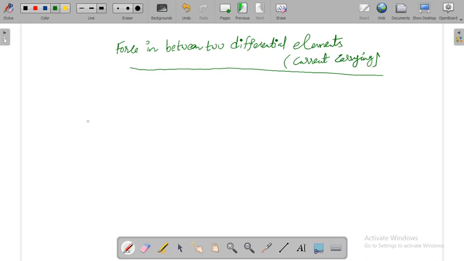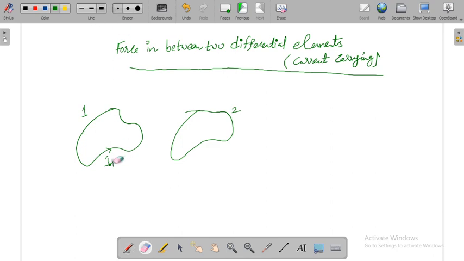In order to find that, I am considering two current carrying conductors of arbitrary shape. This is the first current carrying conductor, so let us give the name 1 to this conductor and the name 2 to the other.